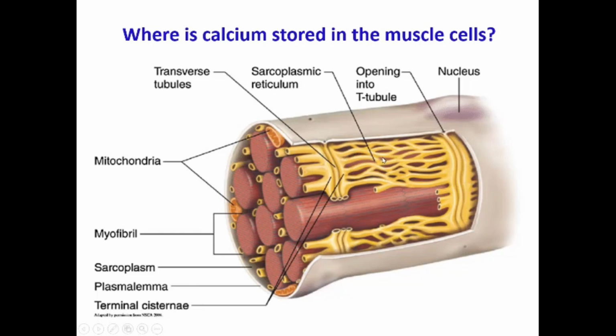All of the calcium is sequestered within these organelles. And when these cells are stimulated by a nerve through the synapse, this organelle starts to release the calcium into the sarcoplasm and causes the muscle contractions.